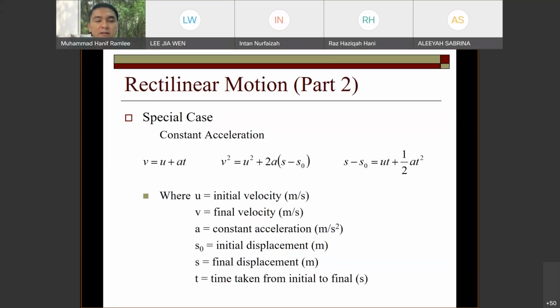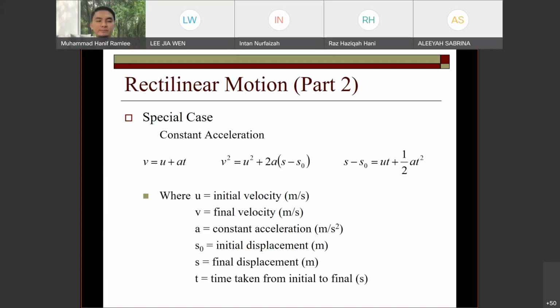If not, it is difficult to calculate, and also your final answer will not be similar to the correct one. V is the final velocity, the unit should be meter per second as well. A is the constant acceleration, meter per second square. S naught is the initial displacement, in meters, and S is the final displacement, in meters. T is the time taken from initial to final, it should be in seconds.